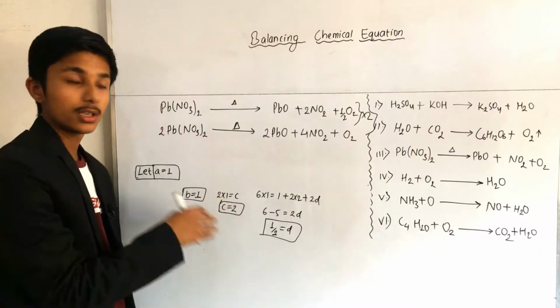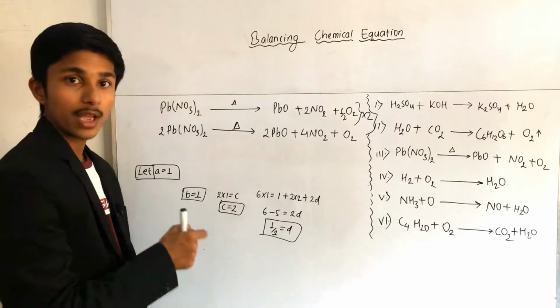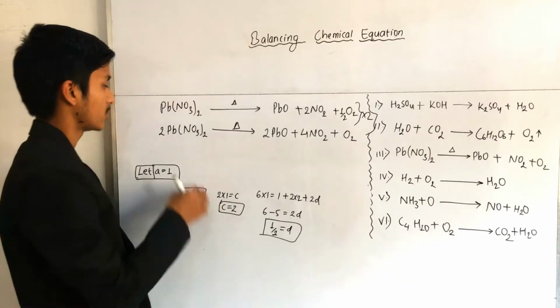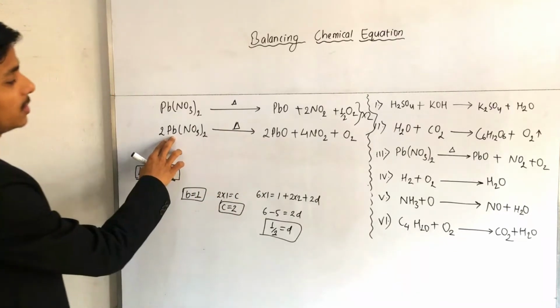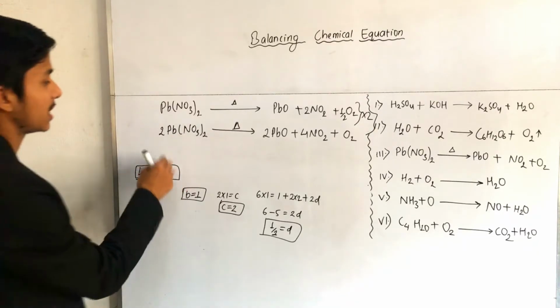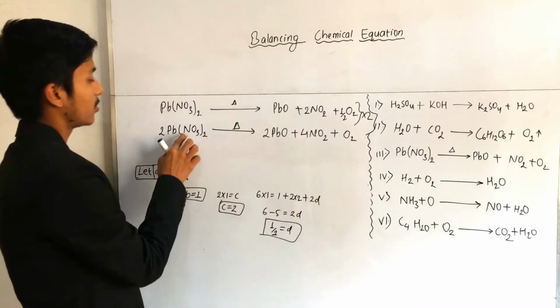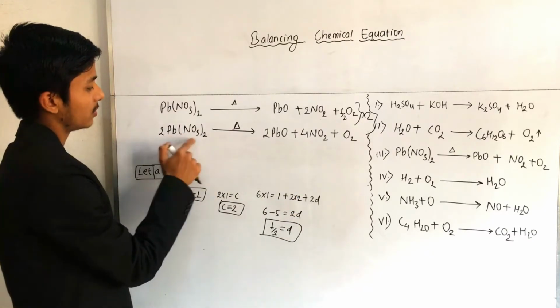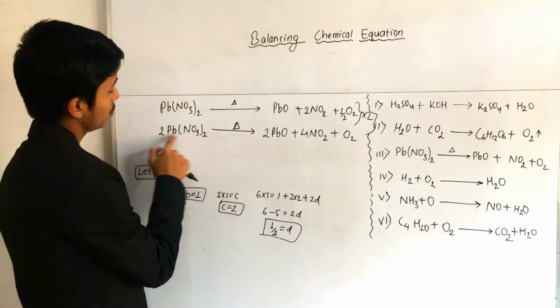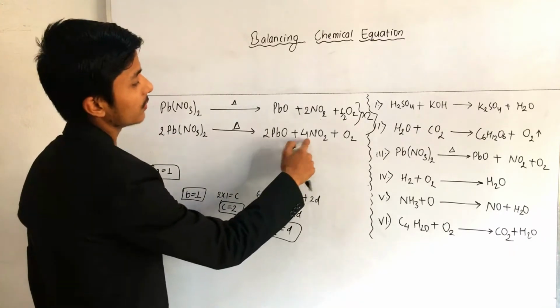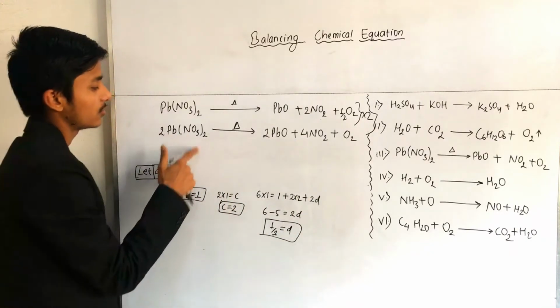Now we check whether the equation that we have balanced is correct or not. Here this side Pb is equal to 2. Here this side number of Pb atoms is 2. This side also 2. Number of nitrogen atoms, this side we see 2 into 2, 4. Here 4, balanced. Now we see oxygen.